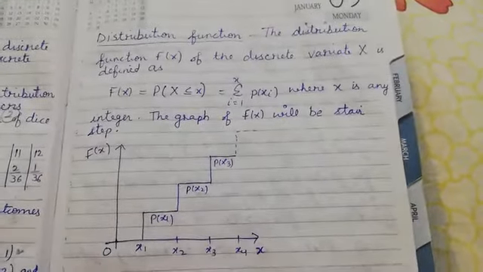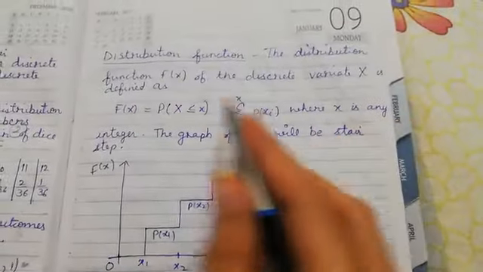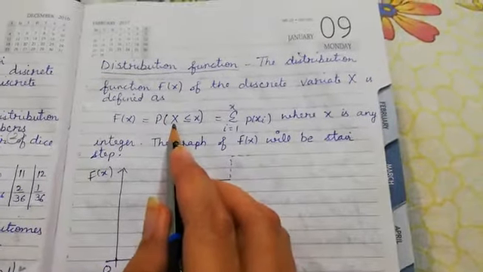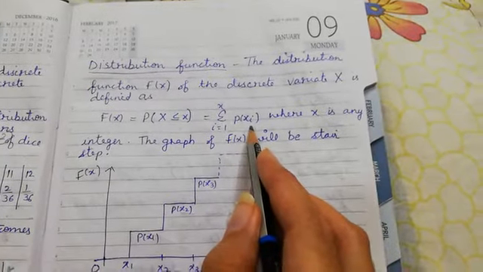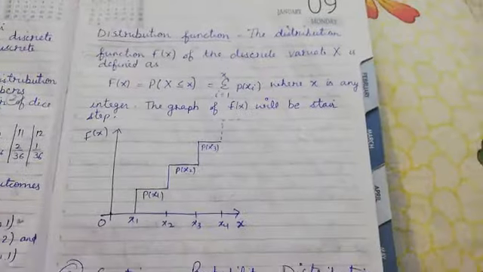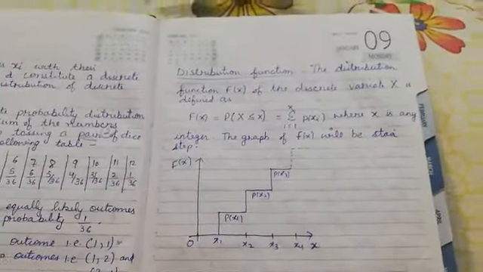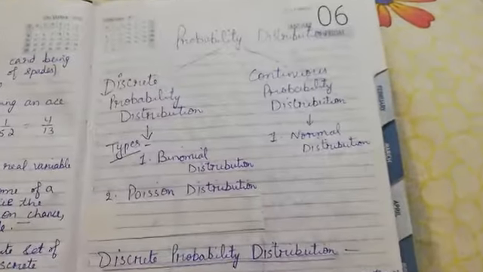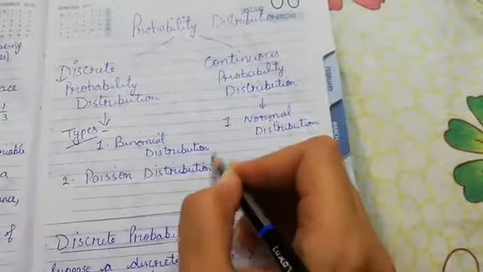So this is the distribution function in case of the discrete variate, and it is denoted by F of x, which is the probability of getting X, that is the summation of all P of xi's. Fine. So this was all about the distribution function for a discrete variable, or I can say the discrete probability distribution. The types we will study afterwards, these 3 types.